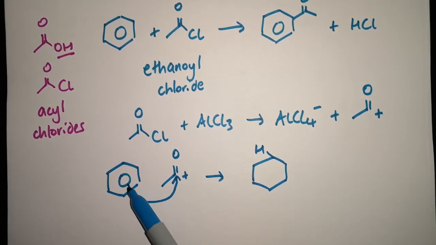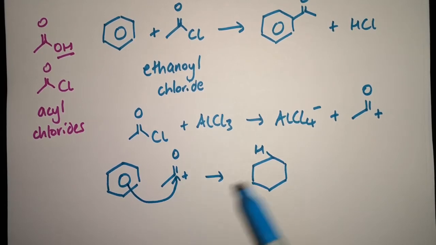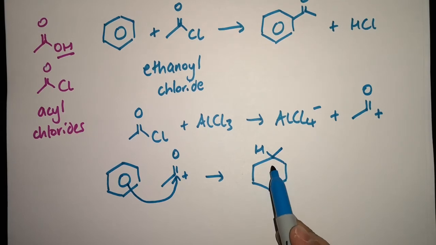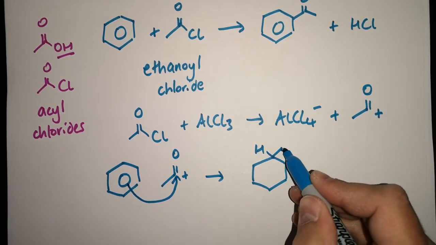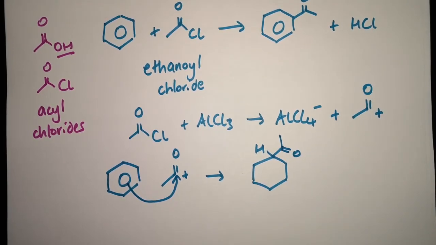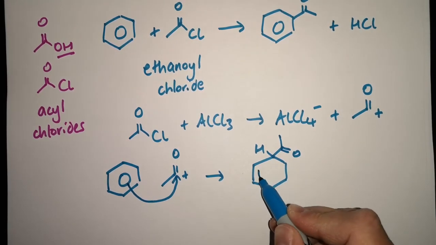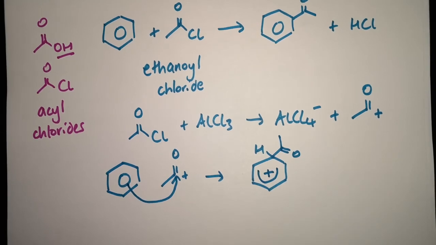But now if you look at what this has formed a bond to, it's formed a bond to this carbon here. So the carbon of the benzene ring is forming a bond to this carbon. If you look at this carbon, it has a double bond to an oxygen and another methyl group, so it forms that.